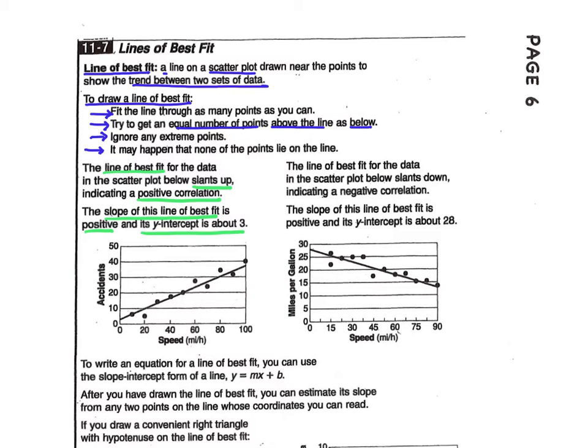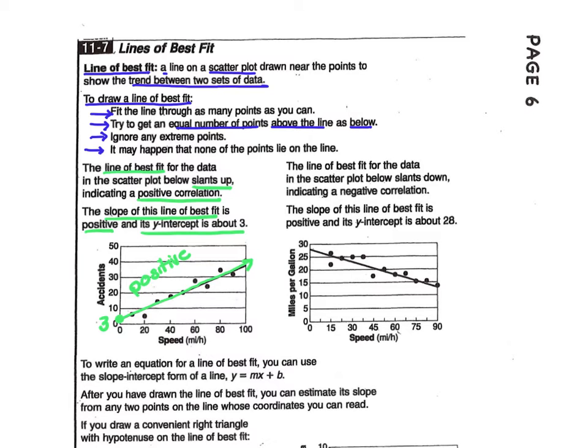So we've been given this scatter plot with a variety of dots. It's our job to draw a line through those points, trying to best represent the data. Clearly, this has a positive slope, and the intercept is located at about 3.